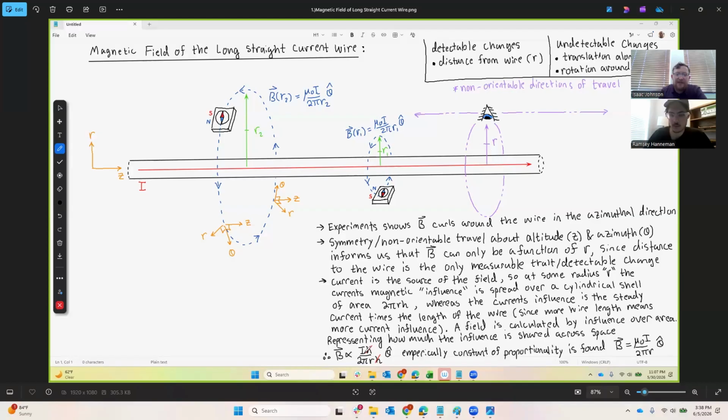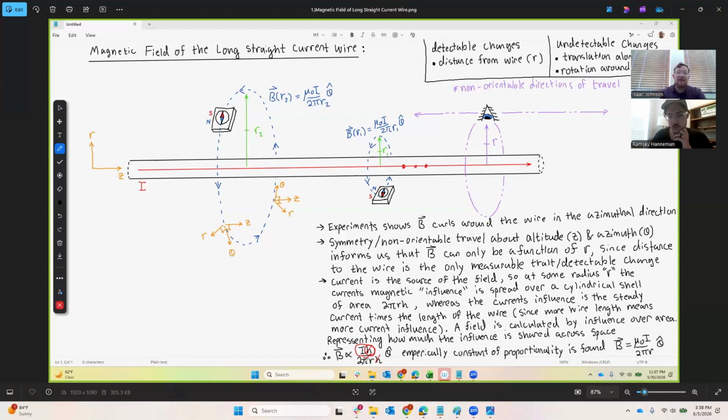And so if we consider the source quantity to be the current, which is the magnetic field source at a point, times the length of the wire, which happens to be infinite in this case, each point of current should count as an influence or a source of the field.